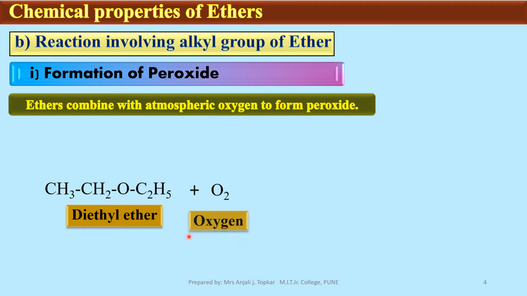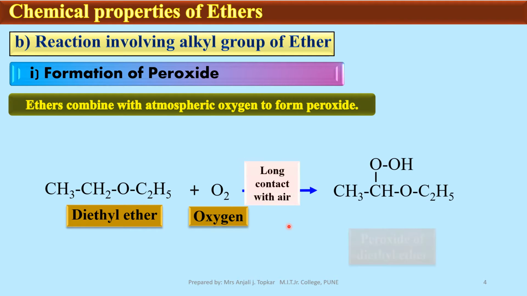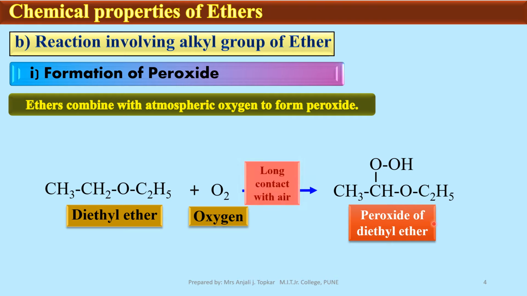It combines with oxygen when it is in long contact with it to form peroxide of diethyl ether. All ethers that have been exposed to the atmosphere contain peroxide. This is a very undesirable reaction. Peroxides are hazardous and they decompose violently at high temperature.